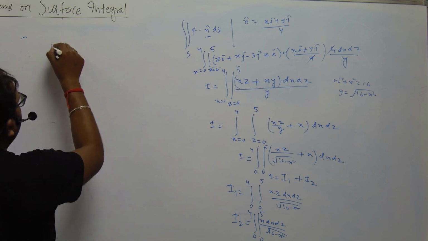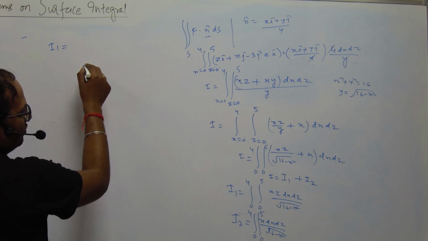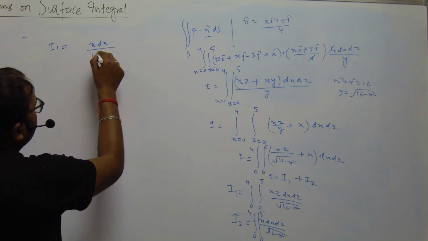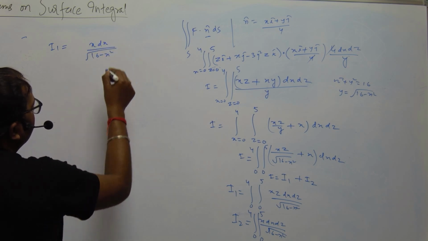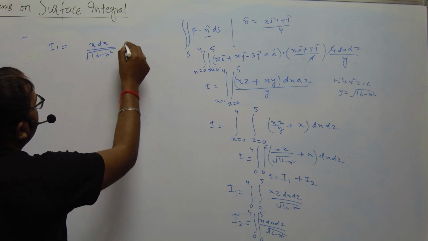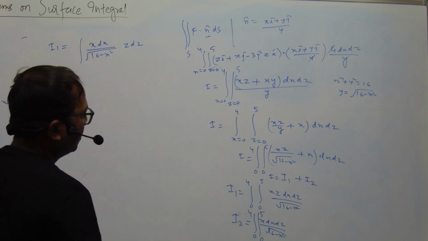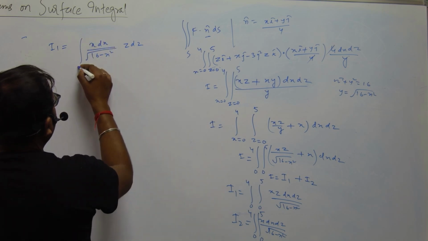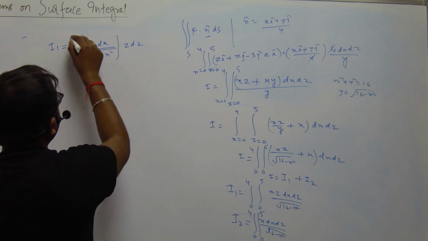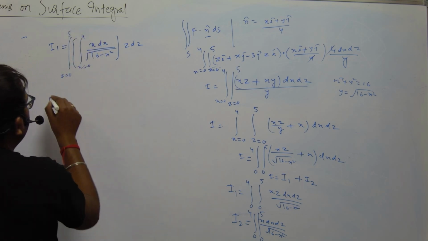So we have the value of I1. The limit on x is 0 to 4 and the limit on z is 0 to 5.